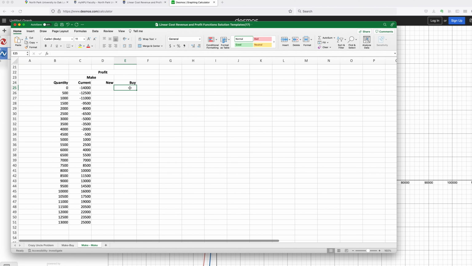And if we buy it, what was our buying? We were buying it for $10.25 and selling it for $12. So that's a margin of $1.75.